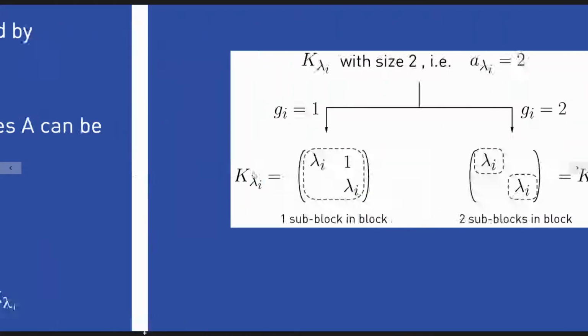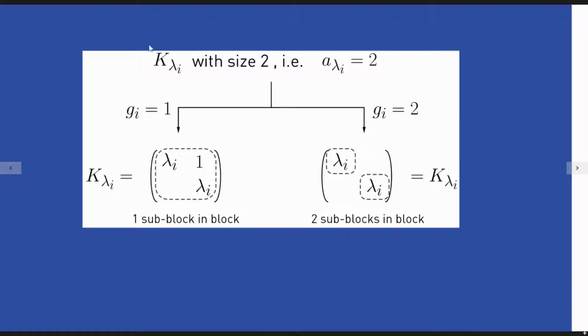So, in case of a Jordan block of size 2 or length 2, this has to look like this here. So when k lambda I is of size 2 or length 2, which means that the algebraic multiplicity of lambda I is equal to 2, we have two options. The first option is that the geometric multiplicity of the eigenvalue is 1.